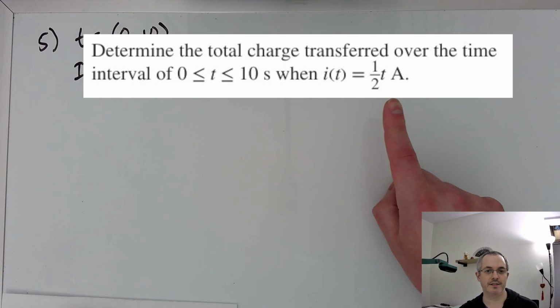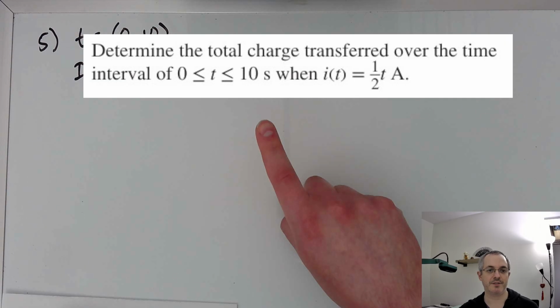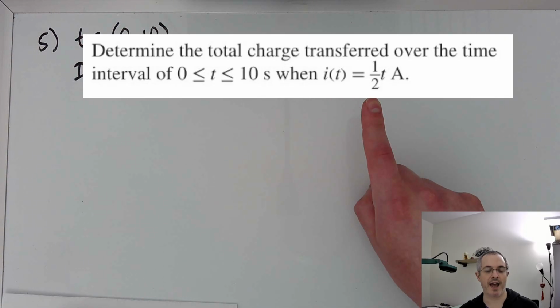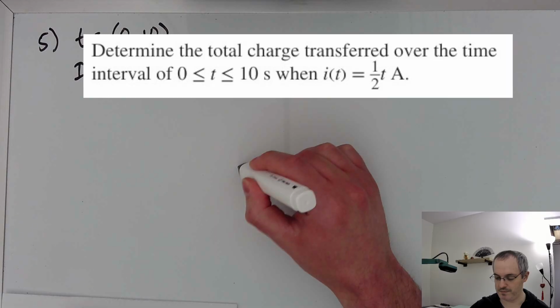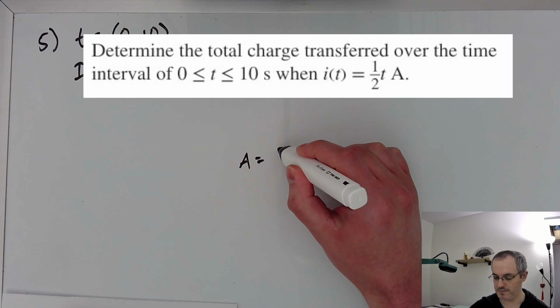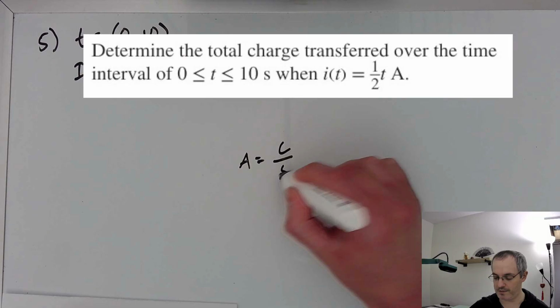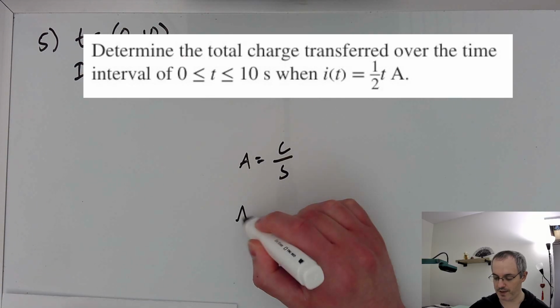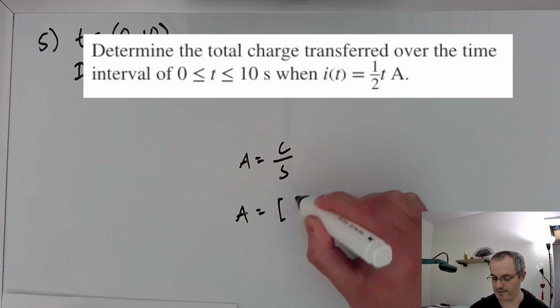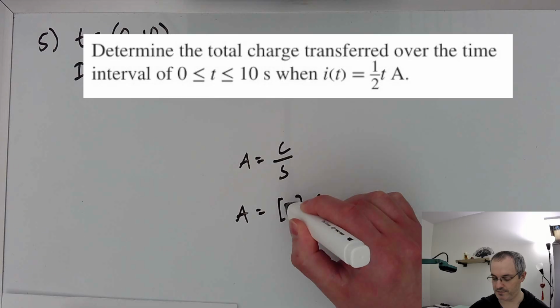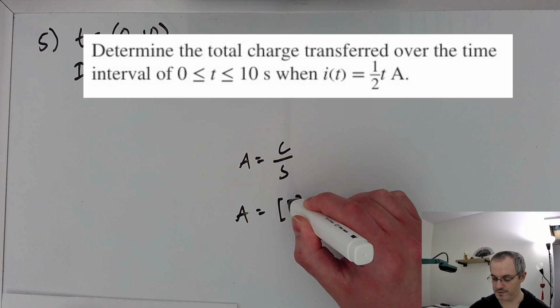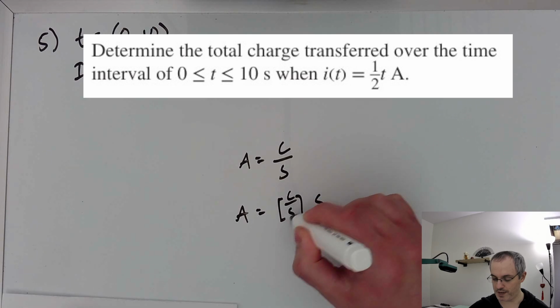The current is in amps, and time has units of seconds, which means this 1/2 has units of what? Amps needs to equal coulombs per second, but you also have amps equals something times seconds, which means the 1/2 has units of coulombs per second squared.